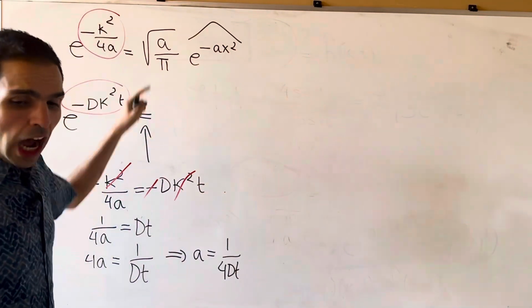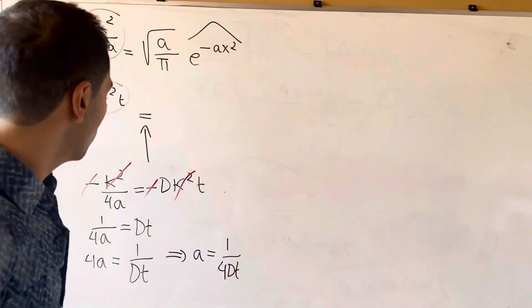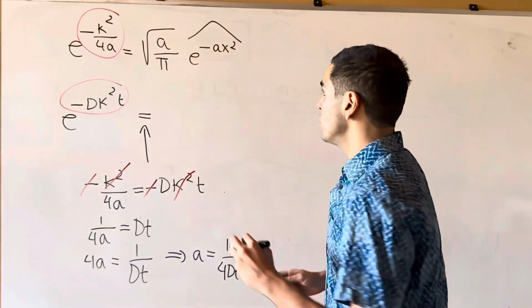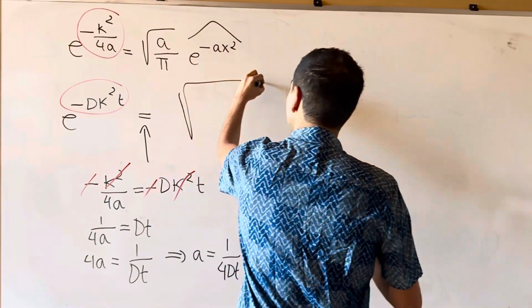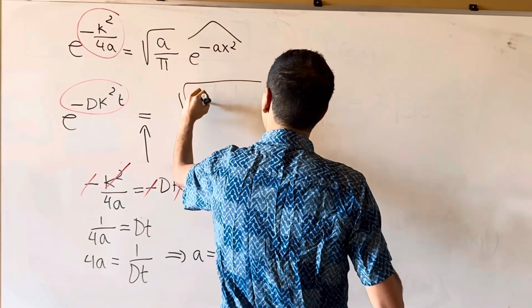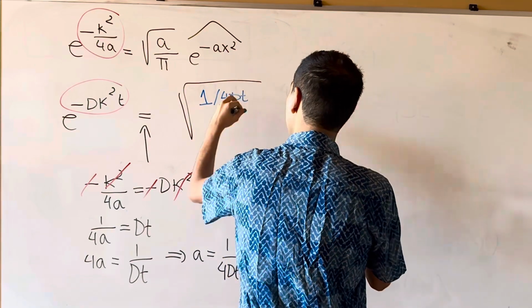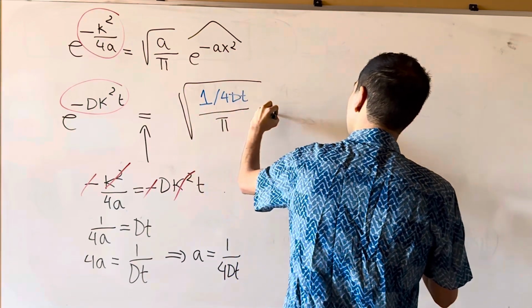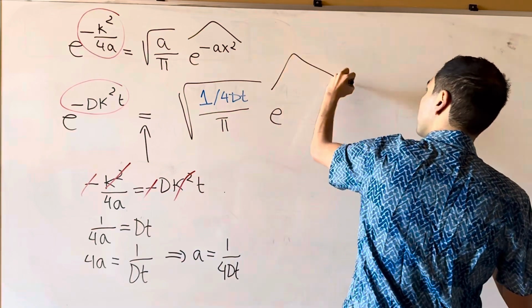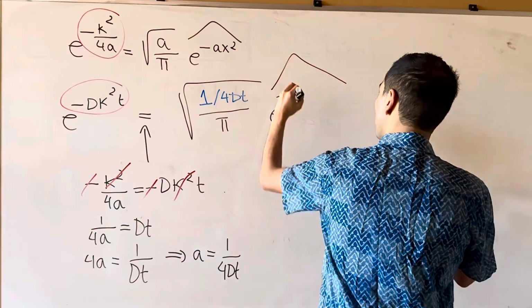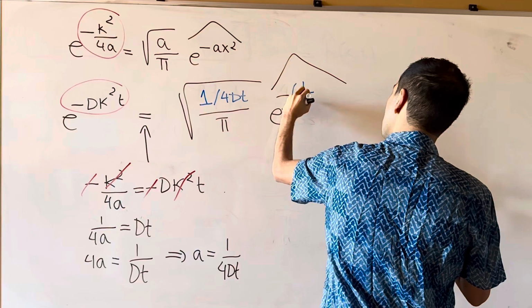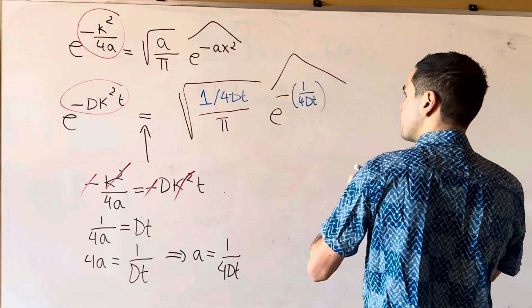And so now we can plug in a is 1 over 4dt into this formula. So square root of 1 over 4dt over pi, and then e, so half of e of minus 1 over 4dt, and then x squared.